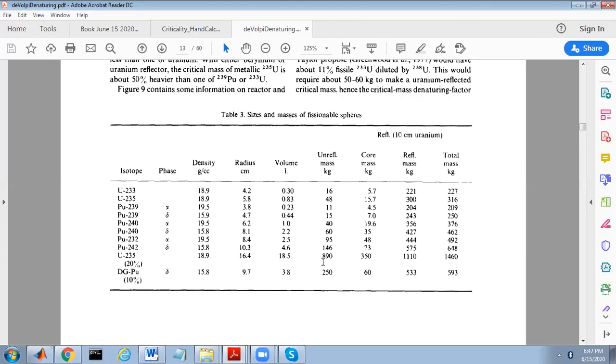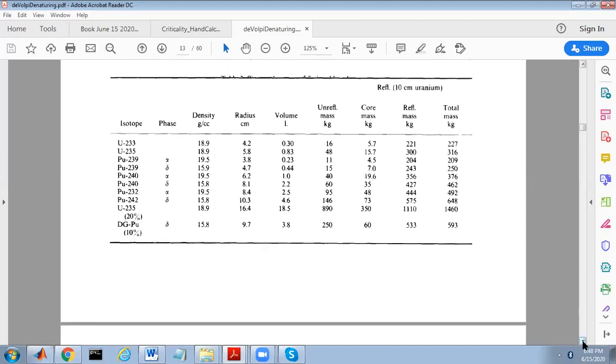It has an unreflected mass of almost a ton, and you can reduce it to 350 kg if you surround it by a reflector, but the total is 1110 kilograms, over a ton, which means that you're not going to be able to transport it easily. Now, similarly, you can see the depleted grade plutonium. So you can see all these numbers here.